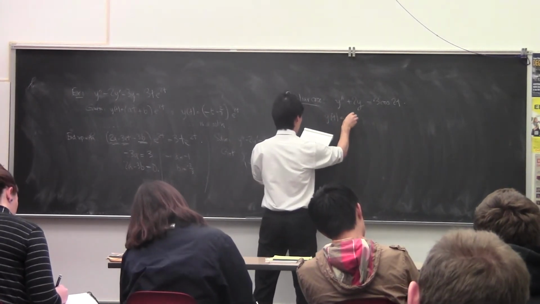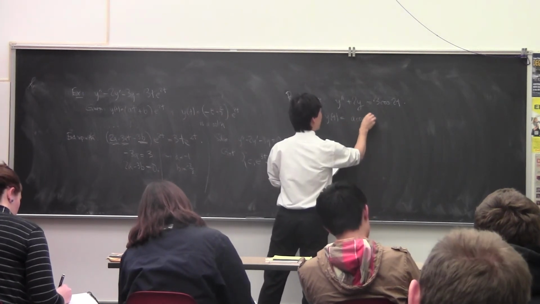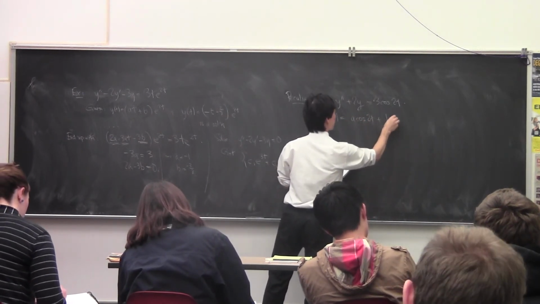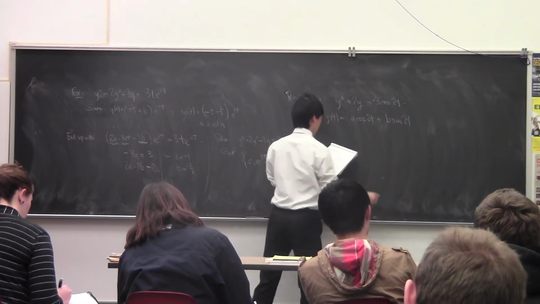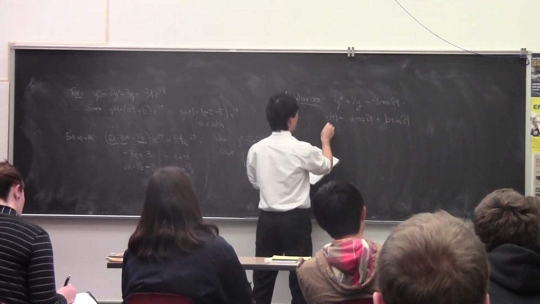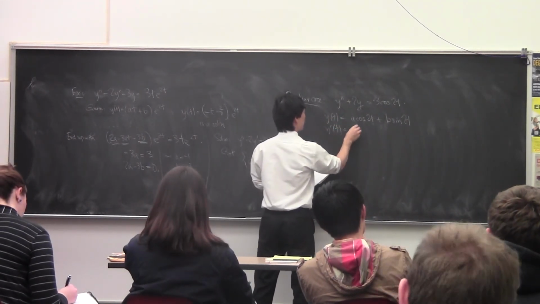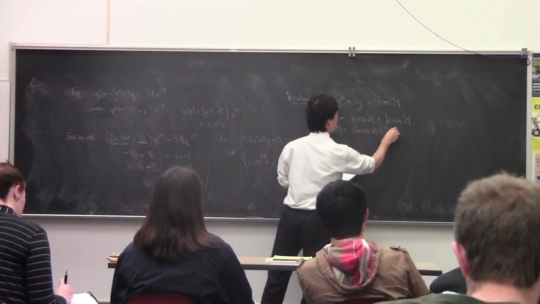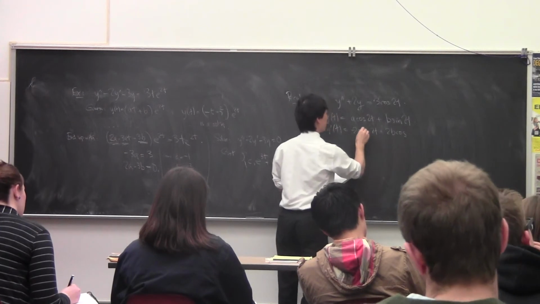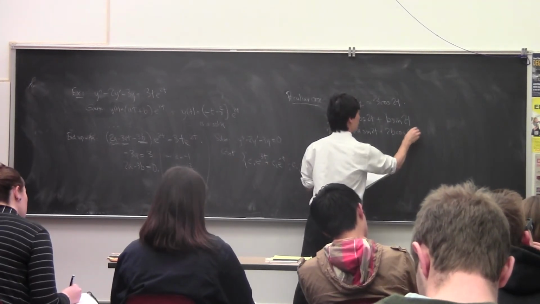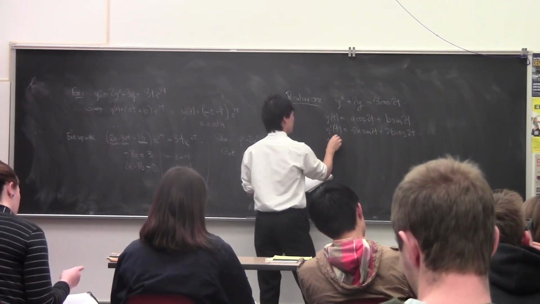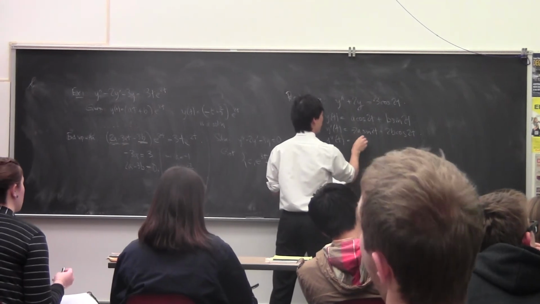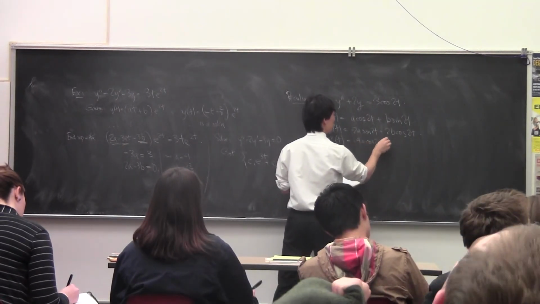y(t) is some combination of cosines and sines. y'(t) is 2a minus 2a cosine 2t plus 2b sine 2t, 2b cosine 2t. y''(t) is minus 4a cosine 2t plus minus 4b sine 2t.